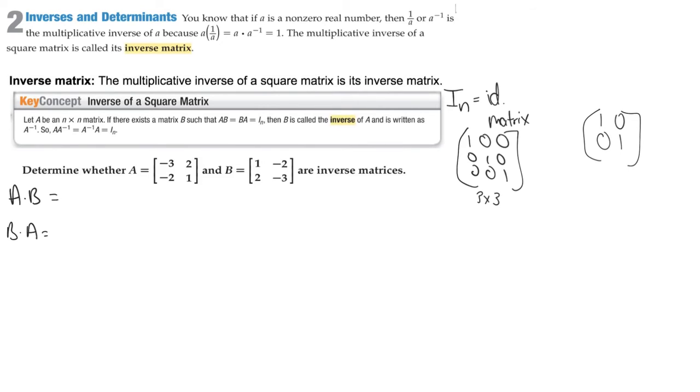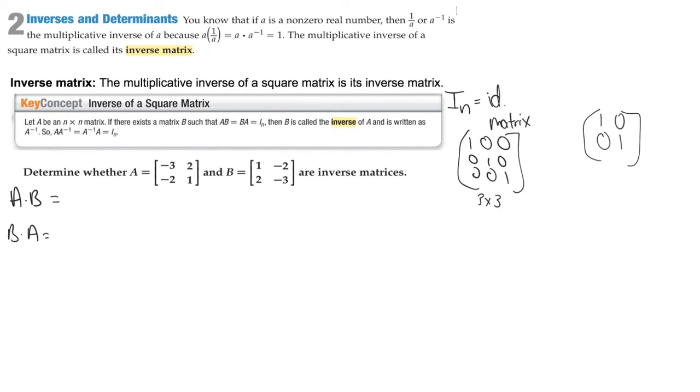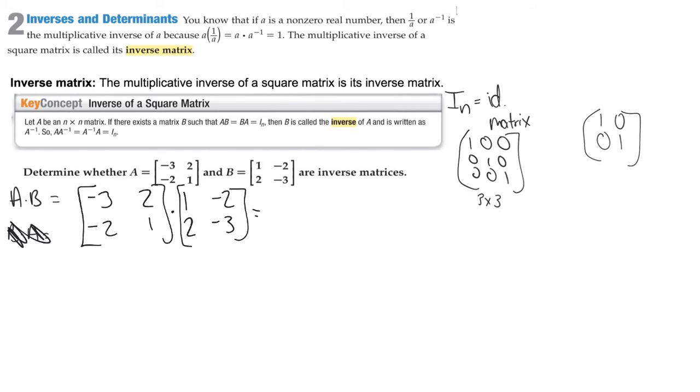Okay, so A times B. I'm going to cross out that B times A first. So negative 3, 2, negative 2, 1 times 1, negative 2, 2, negative 3. We're going to do that multiplication.